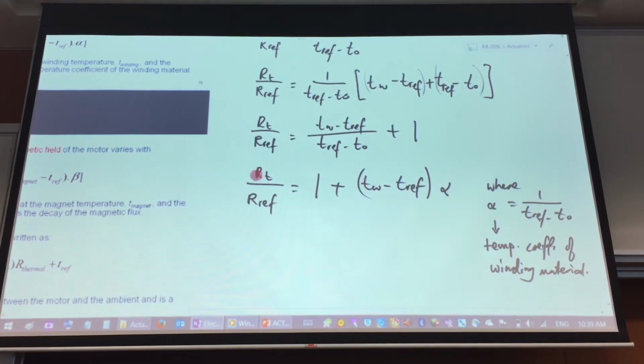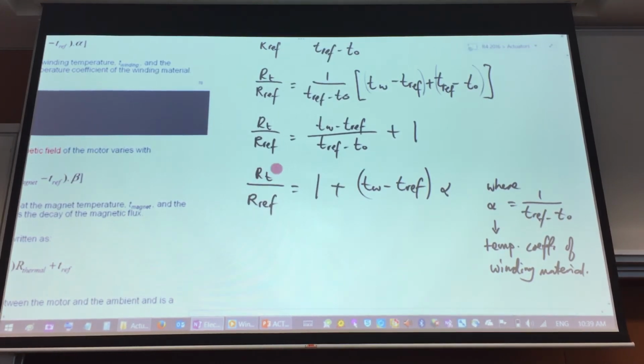What's going to happen is that the rotor coil will have a corresponding increase in resistance. But what does that mean to us? If the motor is getting hot, it means its resistance will increase.